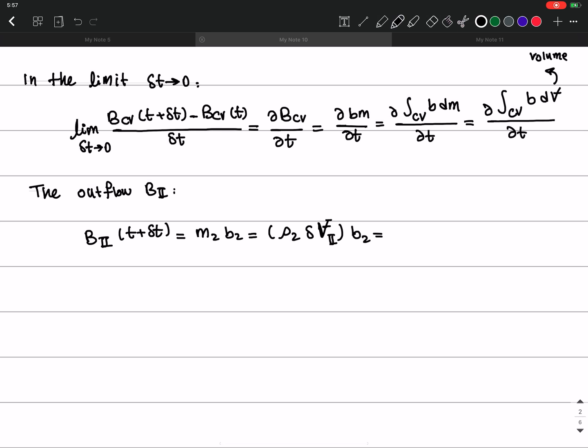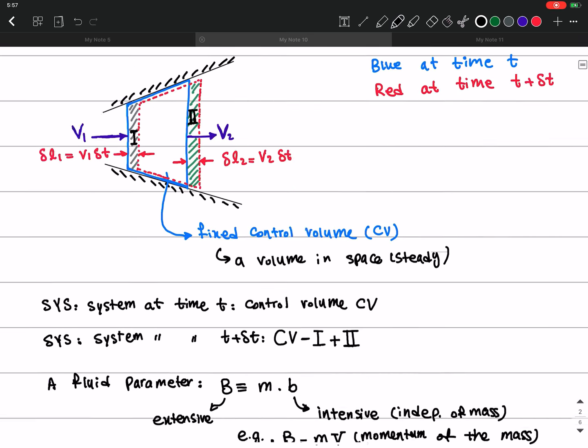B2 equals to, so what is the volume? Let's look at that.